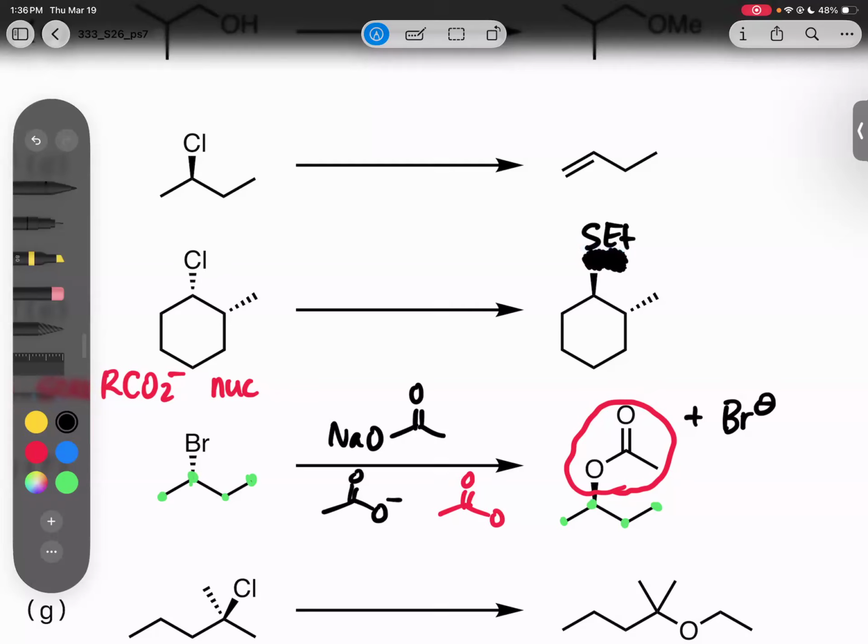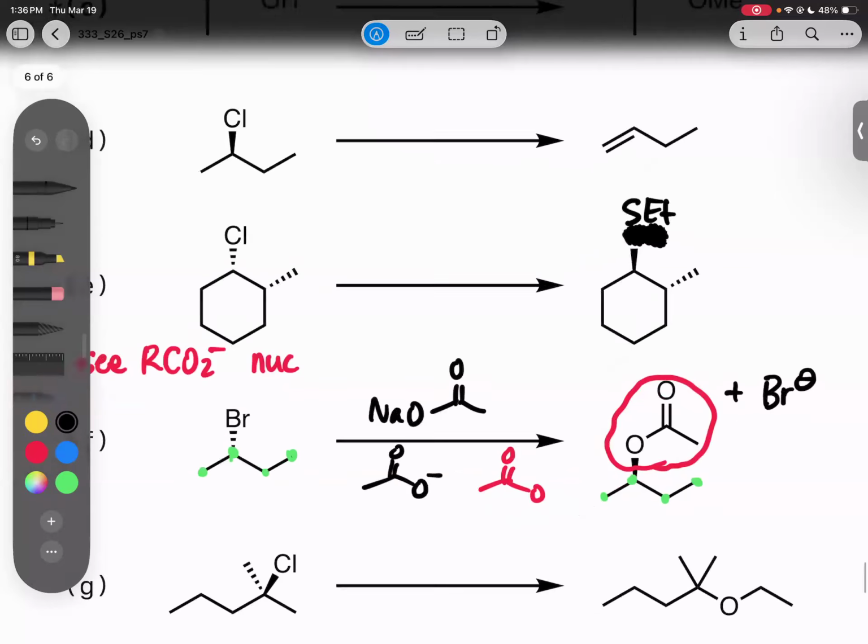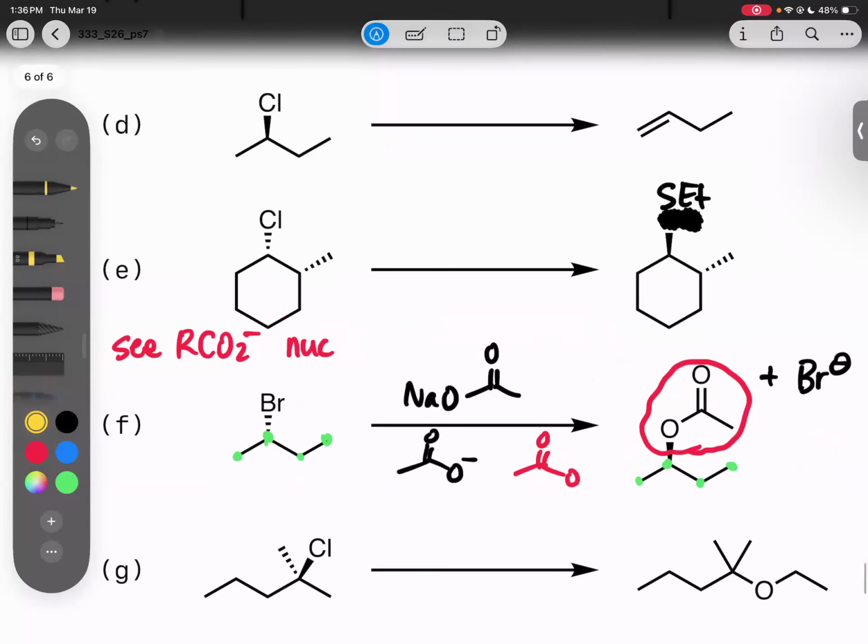So we've gone from the chlorine going back to SET, so sulfur with an ethyl group coming forward. So we've swapped the stereochemistry. So this has to be an SN2 reaction.